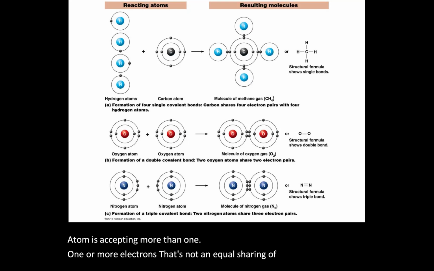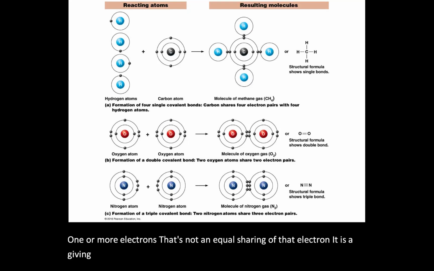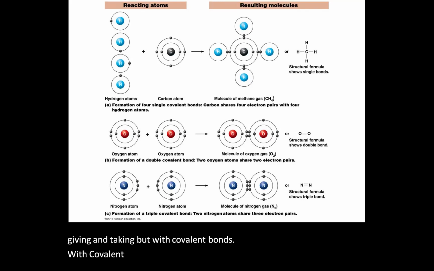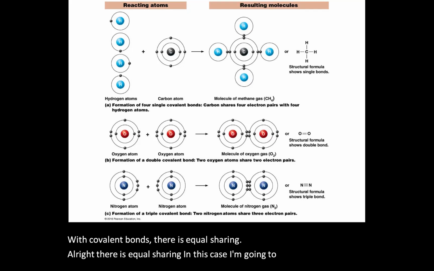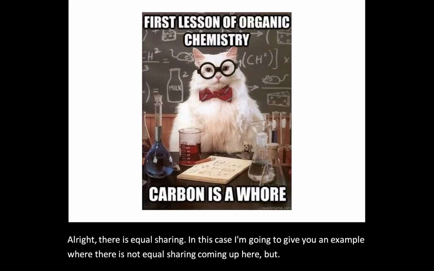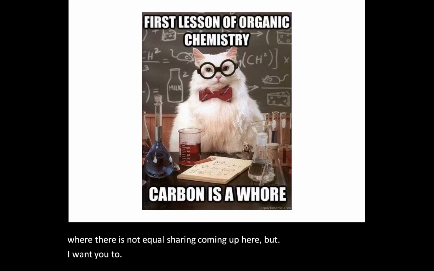It is a giving and taking. But with covalent bonds, there is equal sharing. Right? In this case, I'm going to give you an example where there is not equal sharing coming up here. But I want that to sink into you.